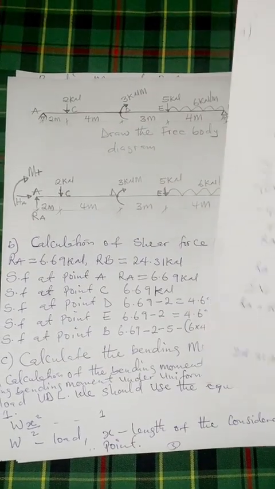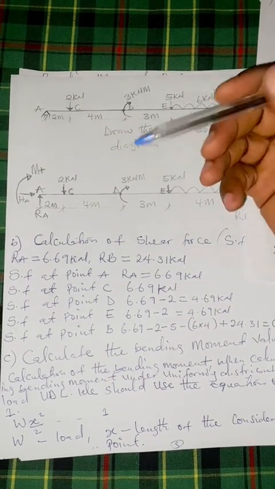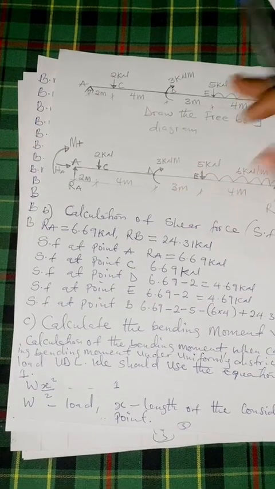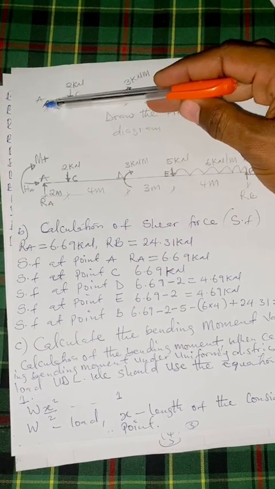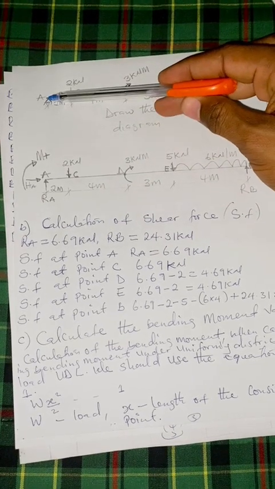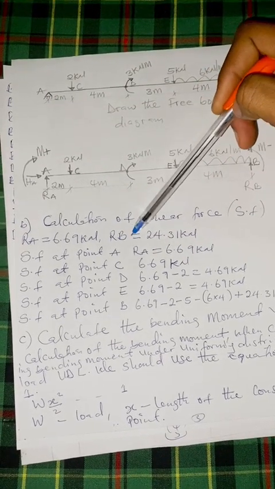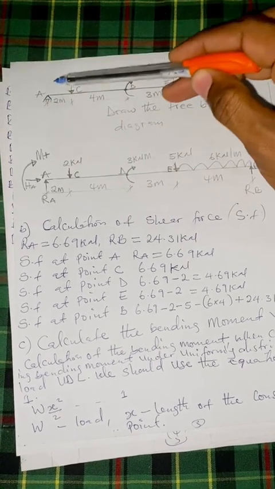Now we are to calculate our shear force from our respective reactions. To calculate the shear force, our RA, which is this point, is 6.69 kilonewton. So our shear force at this point is going to be that RA, because shear force is the force at that point.